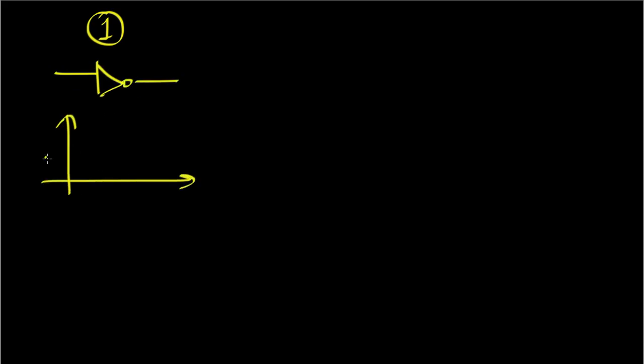So let's take the same example of the NOT gate. Let us take our first NOT gate, and we defined NOT gate characteristics like that. This is our input X, and our output Y, which takes 1 nanosecond at least before the output starts changing. Let us say the output gets to its final value after 2 nanosecond.